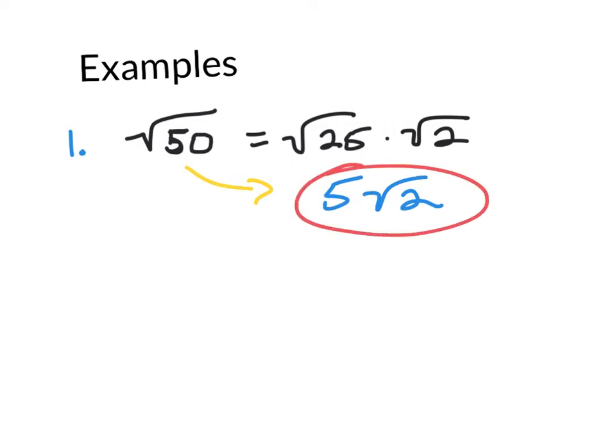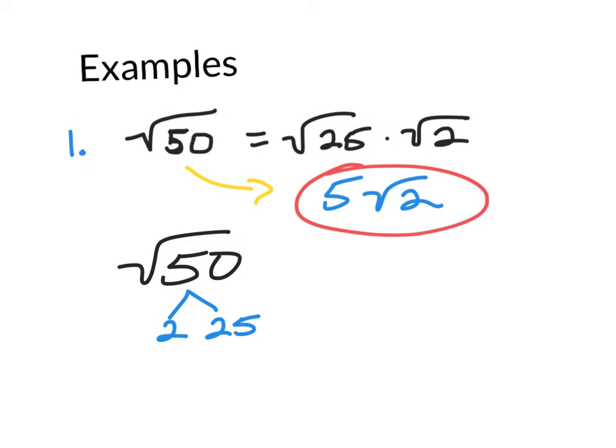Now, I want to show you another way that we can get to that answer. And this is helpful if you are not familiar with your perfect squares, which is okay if you're not. If we think about this, again, the square root of 50, and we consider the factors of 50, let's just do a factor tree here. Let's say it's, again, 2 times 25.